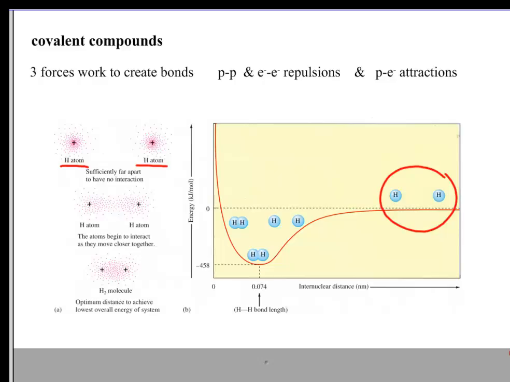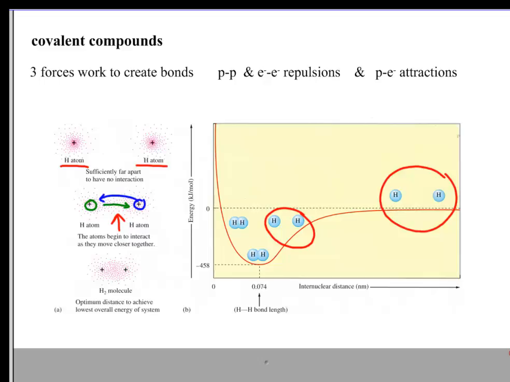I start moving those atoms closer and closer together, and I start getting some interaction between their two electron clouds. The electron clouds initially are going to repel each other. It's starting to get to the point, though, that the nucleus of the left-hand atom is attracted to the electron from the right-hand atom, and the nucleus of the right-hand atom is attracted to the electron from the left-hand atom.